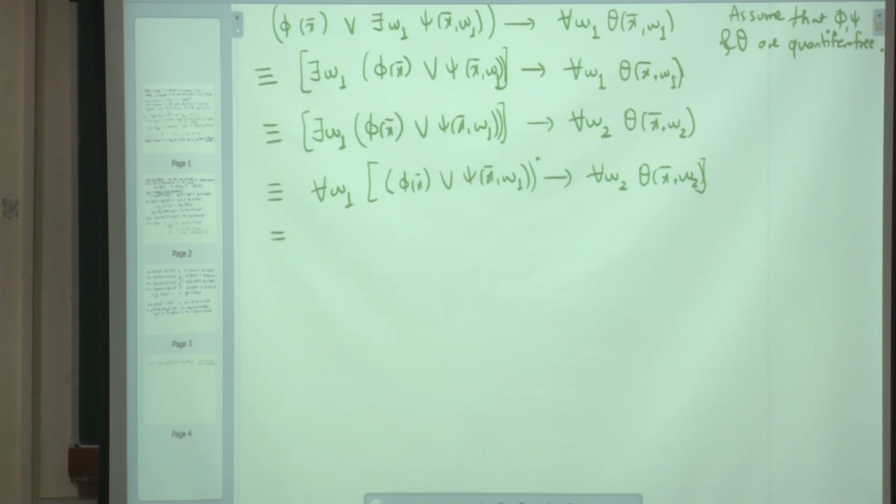And then finally I can take out this for all W2. It's in the second component, so it doesn't change to anything different, it just remains as it is. So for all W1, for all W2, now inside I will have phi x bar disjunction psi x bar W1 implies theta x bar W2.